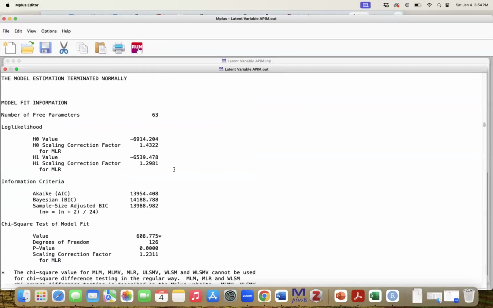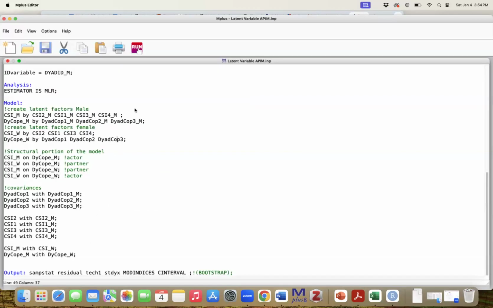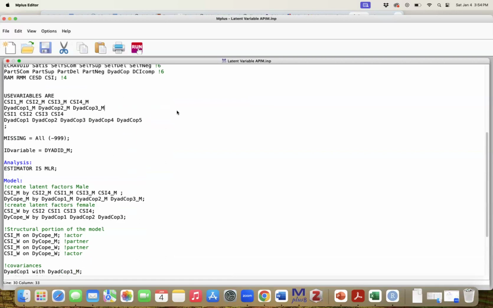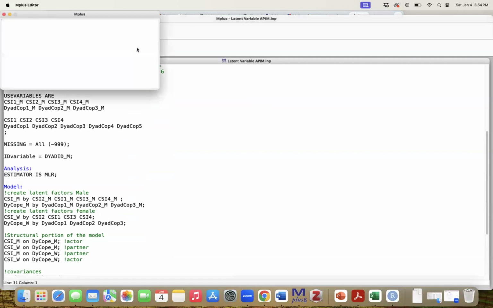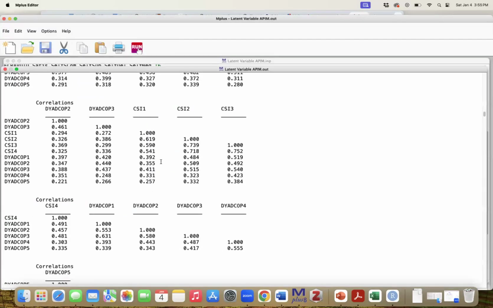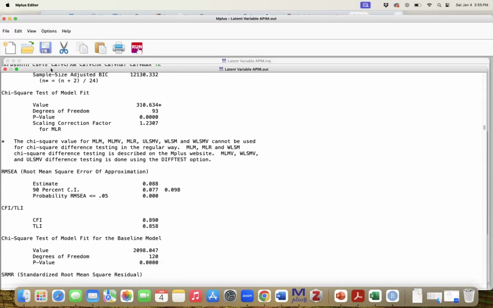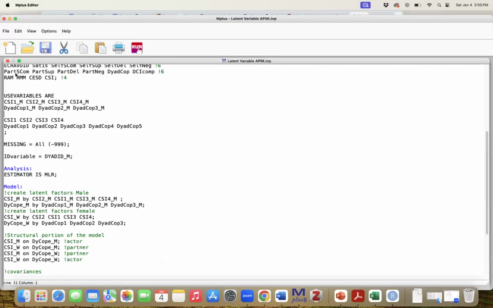Oops, oh, there it is. Gotta get rid of those two. All right, we'll scroll down. And so actually, I thought I got rid of them both. I did not.